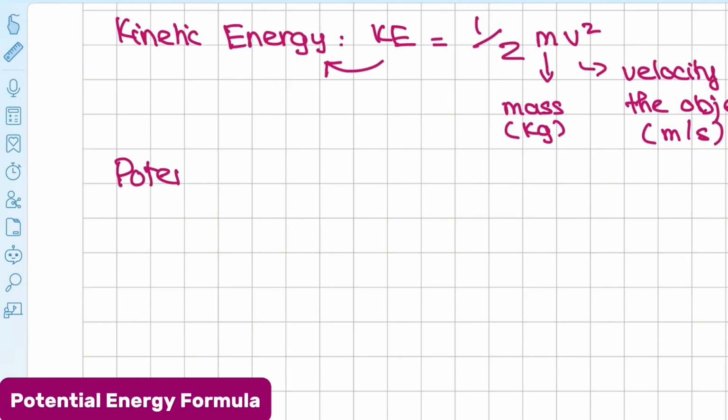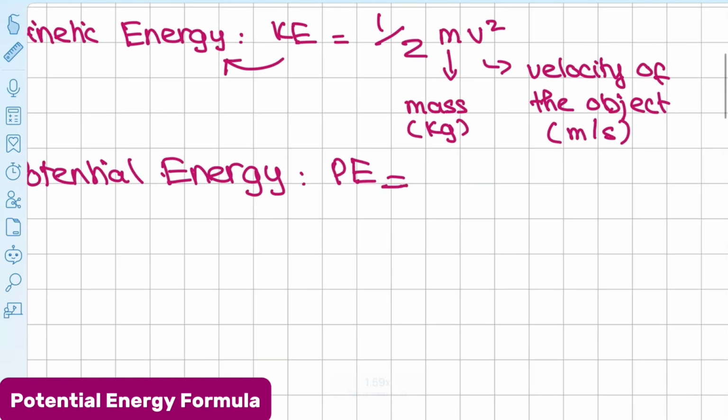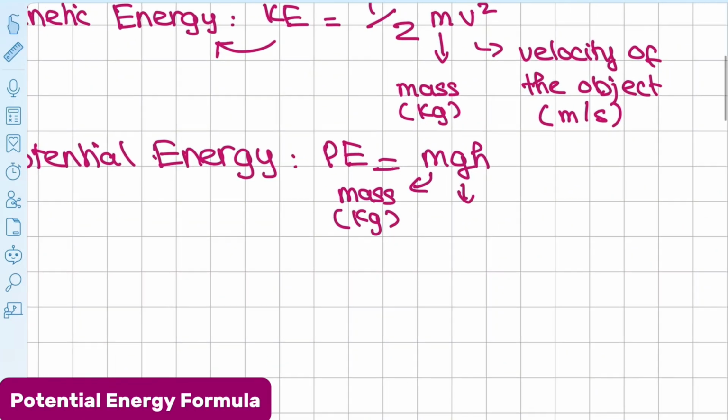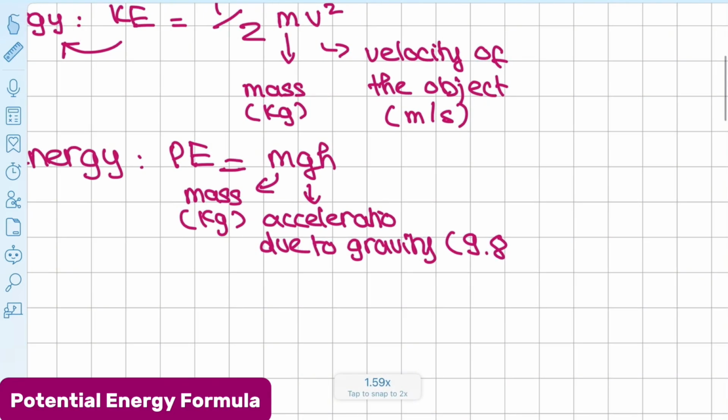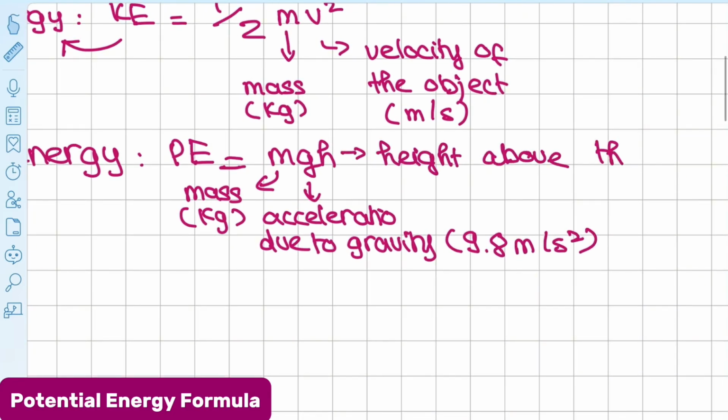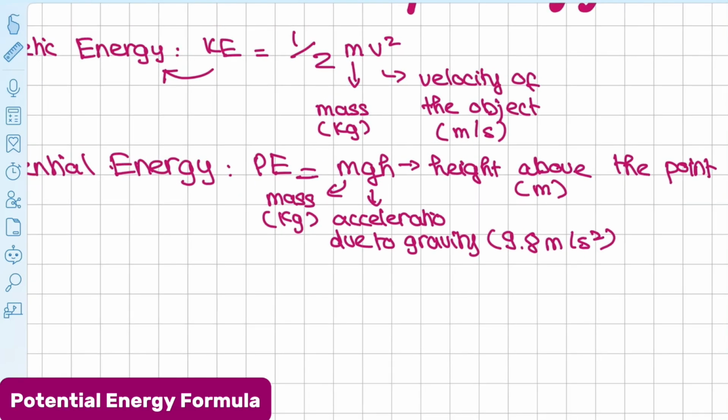Next is the potential energy formula. PE is equal to mgh. m is mass, g is the acceleration due to gravity, which is 9.8, and h is the height.